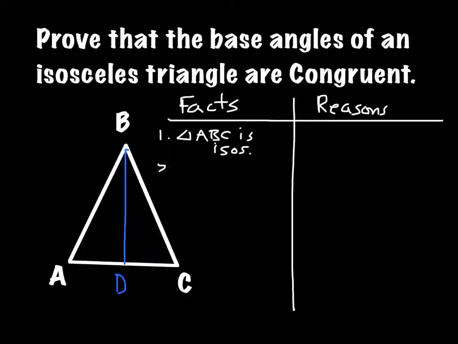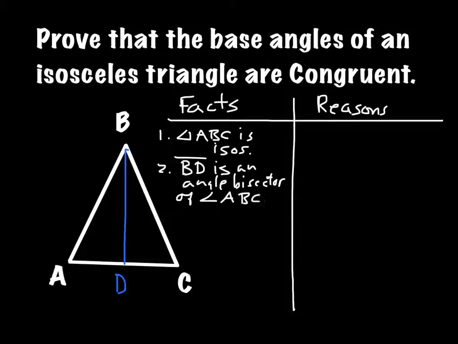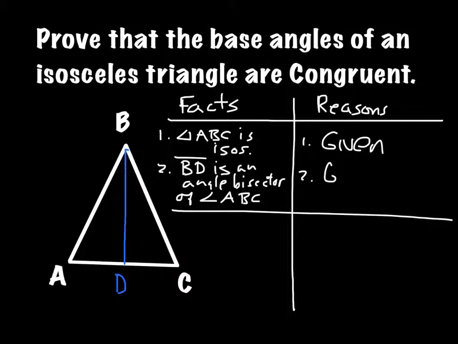And I'm also starting with an angle bisector that I constructed. And this angle bisector that I constructed was for angle ABC, the angle at the very top. These very first two reasons, the reason why they are true is because they are given facts. They were given to us in the picture to begin with.